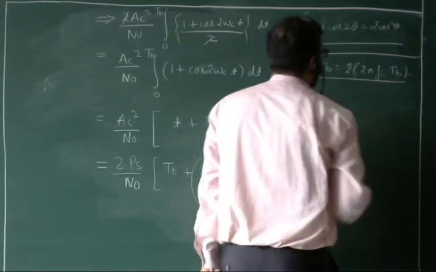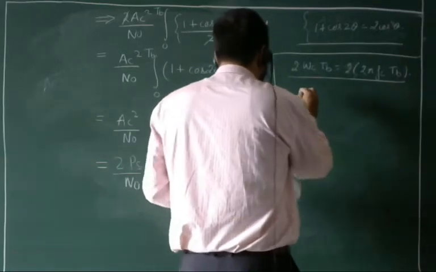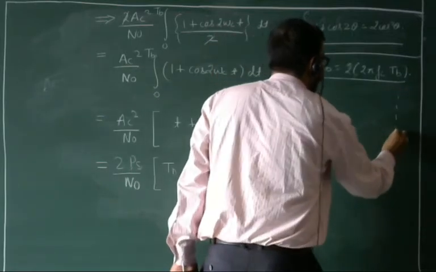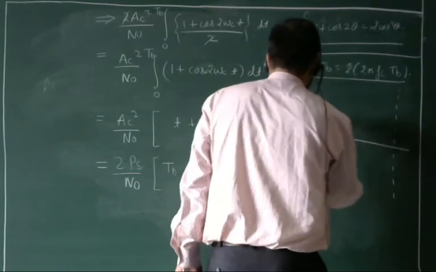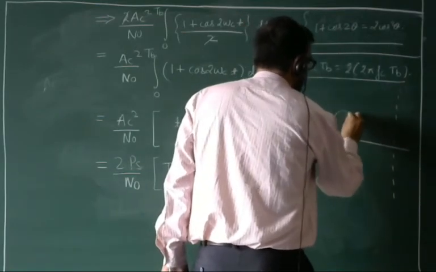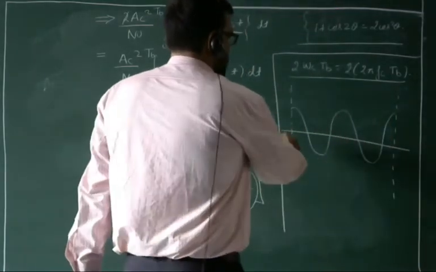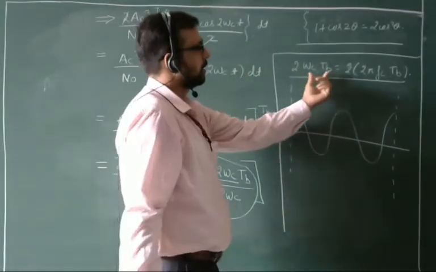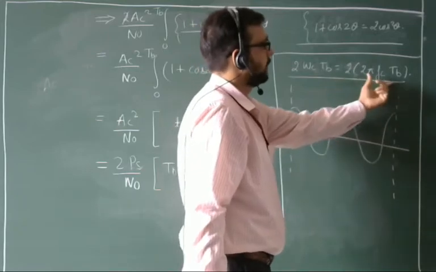According to that, if we draw the graph of a single duration like that, here in the term 2 omega c tv, we have taken out 2 pi fc tv.